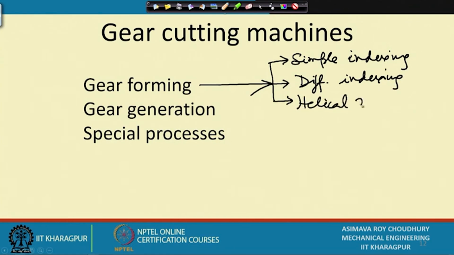Which will allow us to cut helical teeth. We have not carried out any calculations on helical teeth. I will quickly, within 5 minutes or so, try to discuss what are the calculations involved in helical milling. If you remember, in helical milling, we had a figure in which we extensively discussed that the rotational motion of the lead screw has to be related to the rotational motion of the workpiece.